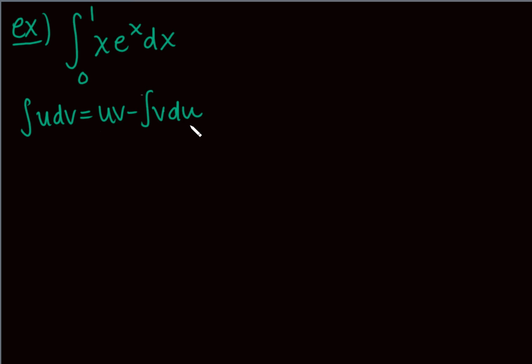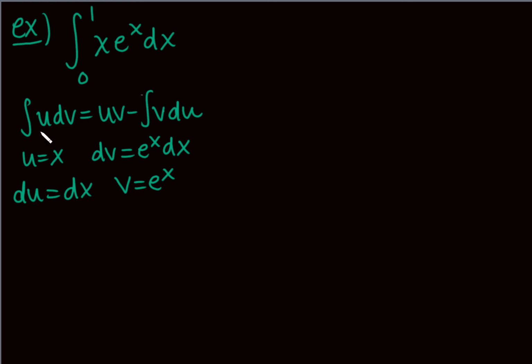This just helps me see the process. So I'm going to let u equal x. That leaves dv, again, you need to write this correctly, equals e to the x dx. So du equals dx. That leaves me with v equaling e to the x. I'm just doing this to remember the order of how to do that.